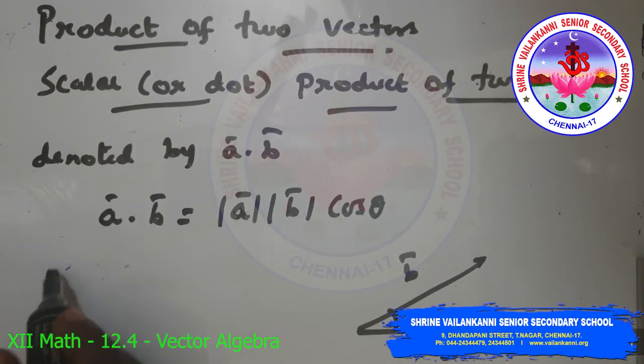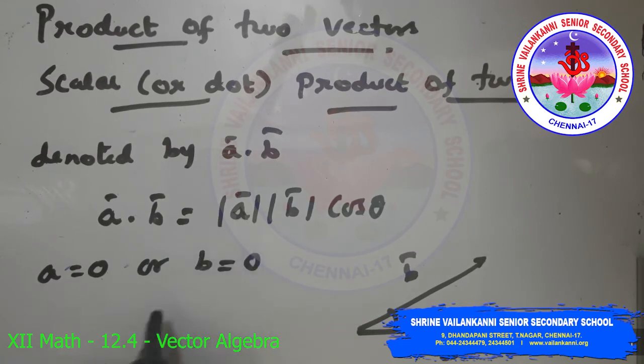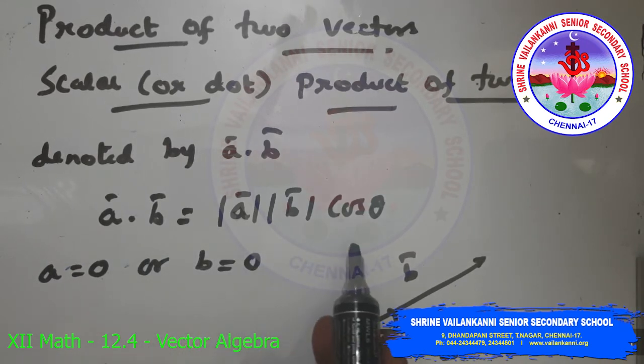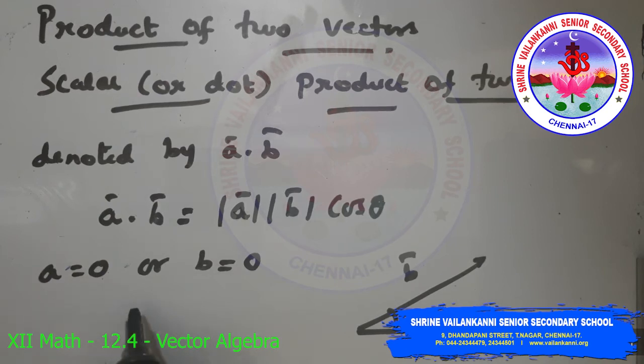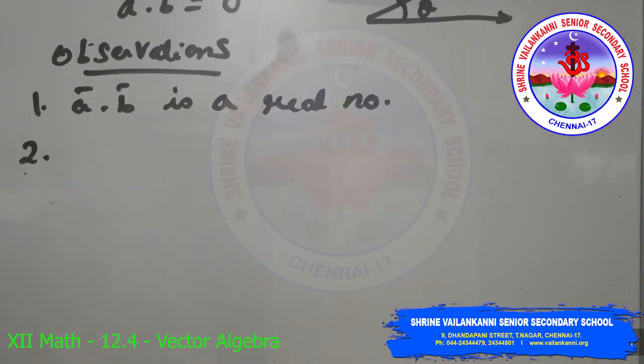If either a equal to 0 or b equal to 0, then theta is not defined. And in this case, we define a dot b equal to 0. So scalar or dot product of two vectors, a dot b equal to magnitude a into magnitude b into cos theta.